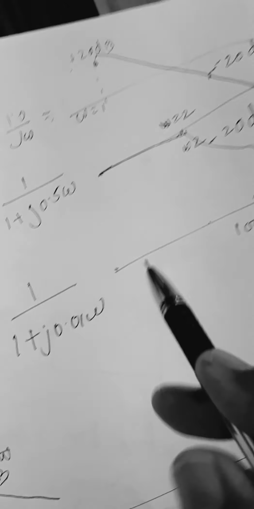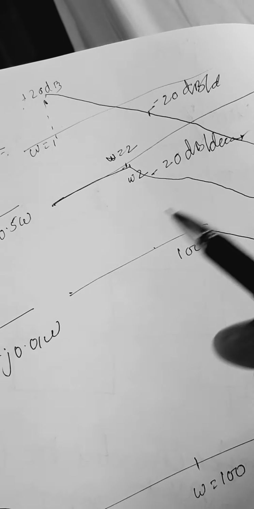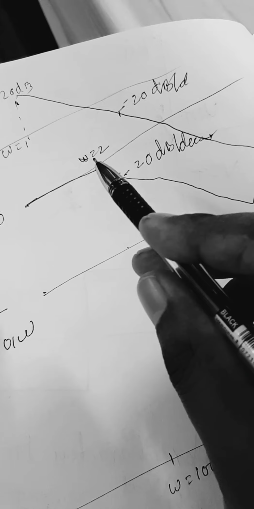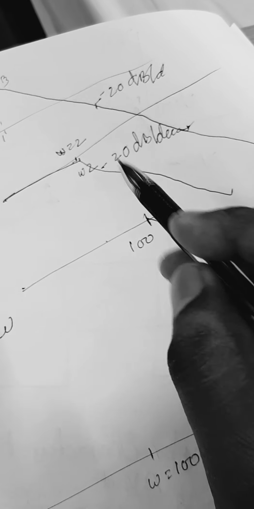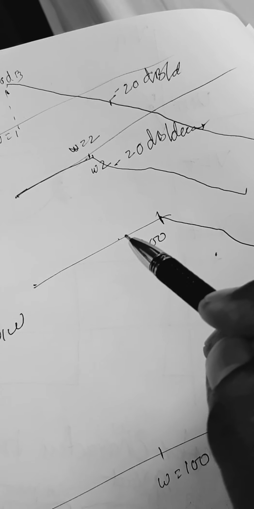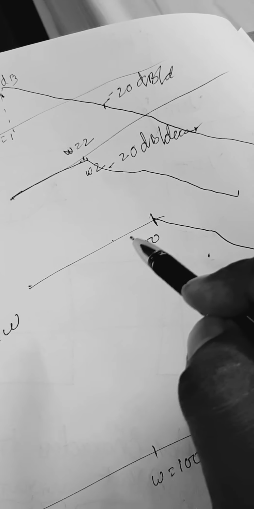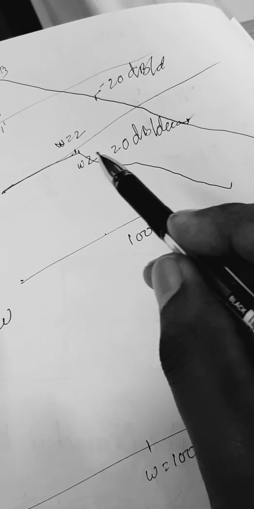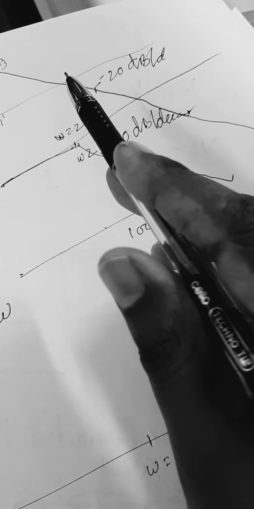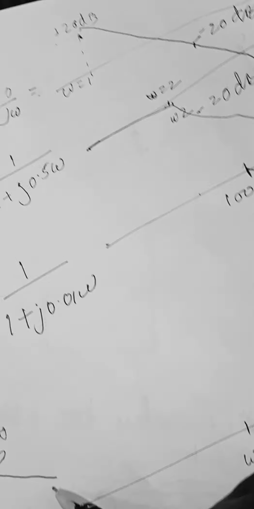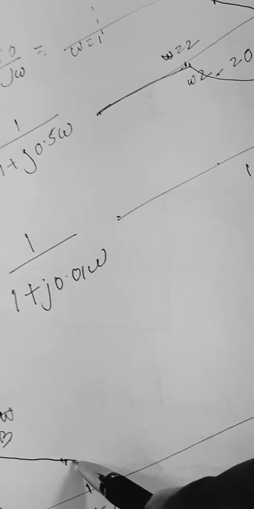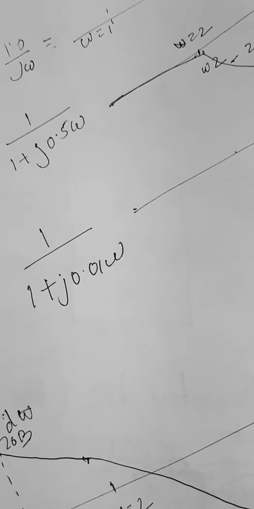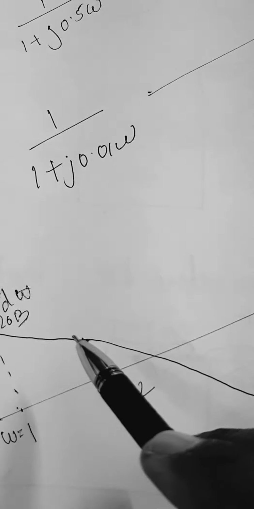From omega 2 to 100, the third term is 0, the second term gives minus 20 dB and the first term also gives minus 20 dB. So from omega 2 to 100, it gives minus 40 dB. The slope changes from here.